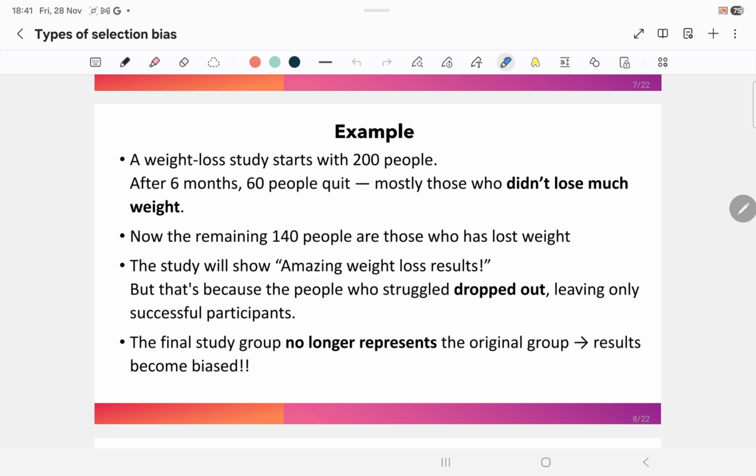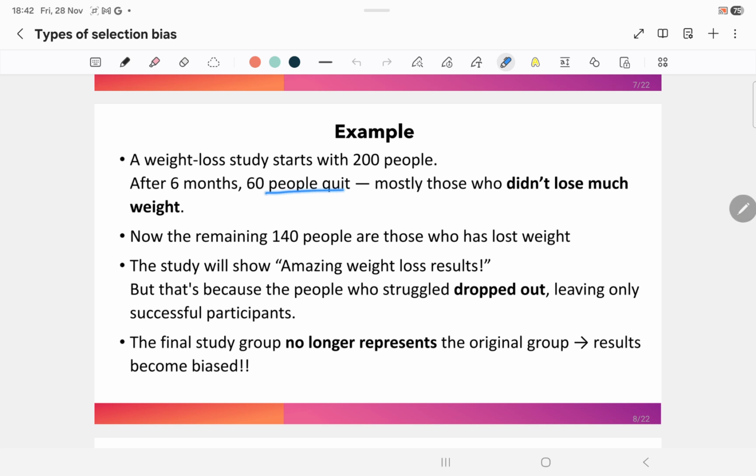Is that the correct result? No, this is not the correct result. So that is what attrition bias is. The final study group no longer represents the original group. Now the question comes, if there is a lot of attrition in the study, will you take the data? Just think about it. Yes, we will take the data for the patients who were lost to follow up or who have undergone attrition, who are no more in the study.